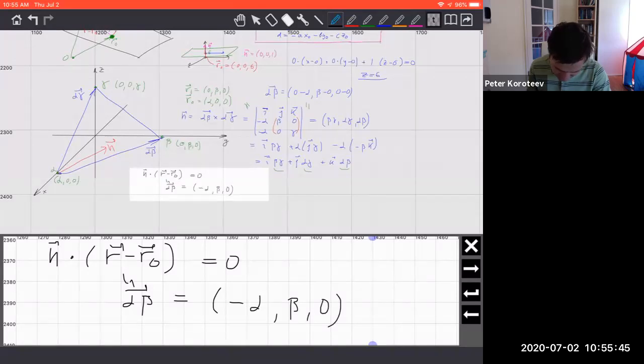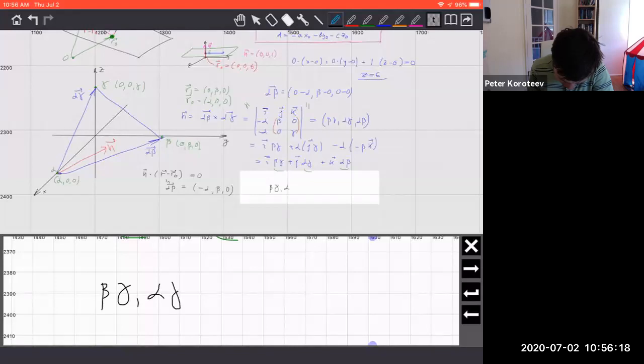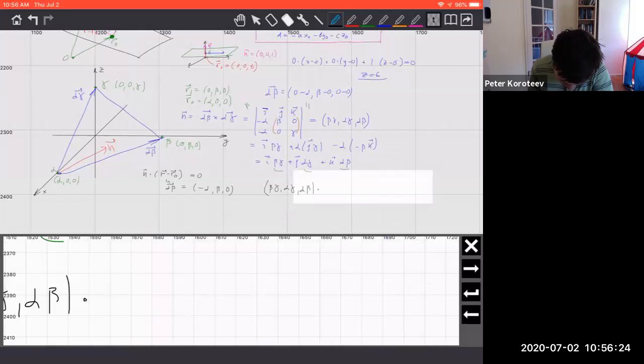So we do the dot product of n and that thing, which would look like beta gamma, alpha beta, dot with minus alpha.